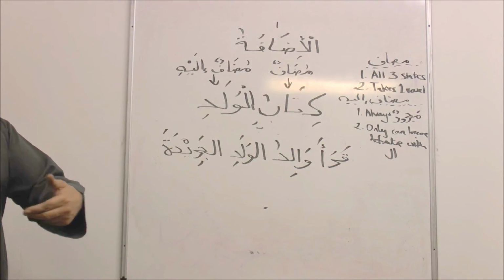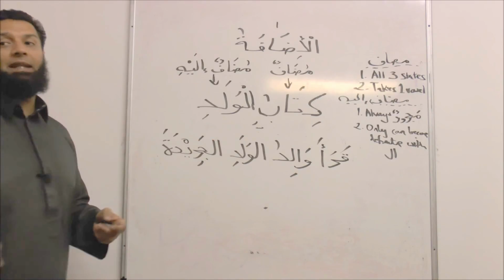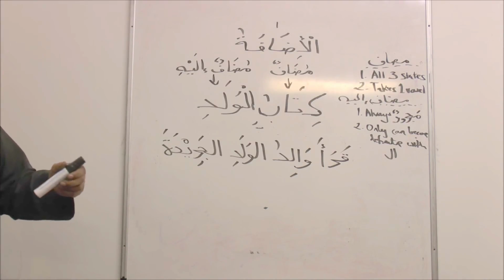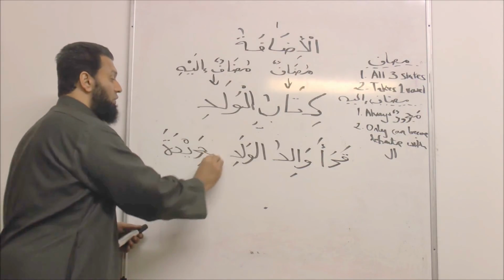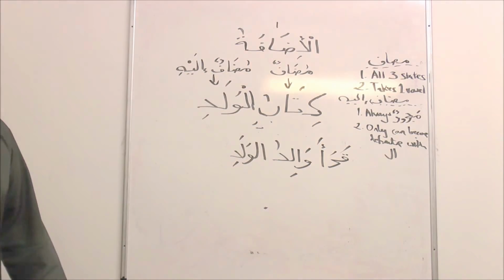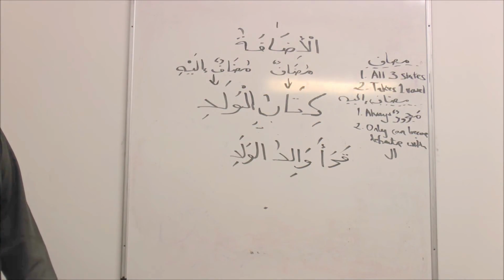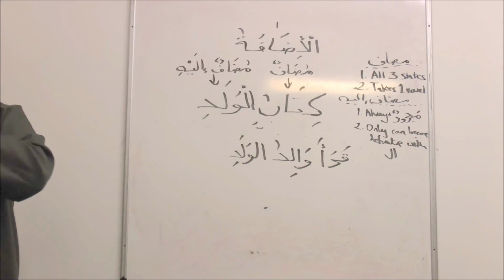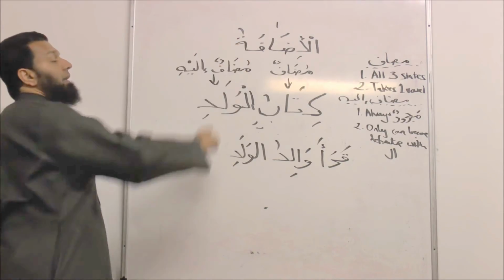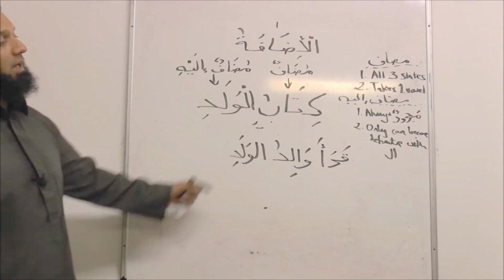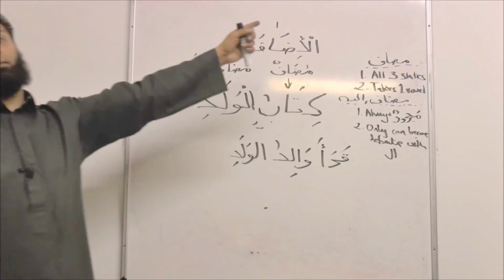So now, let's make our maf'ulun bihi an idafatun too, and say, the teacher's newspaper. So the boy's father read the teacher's newspaper. Remember, the teacher's newspaper is going to be an idafatun. It's going to comprise two nouns, mudafun and mudafun ilayhi, and we're going to adhere to these four rules.